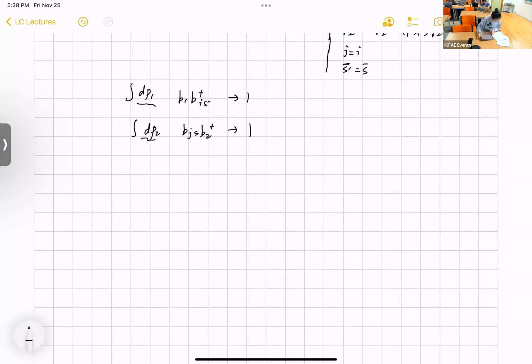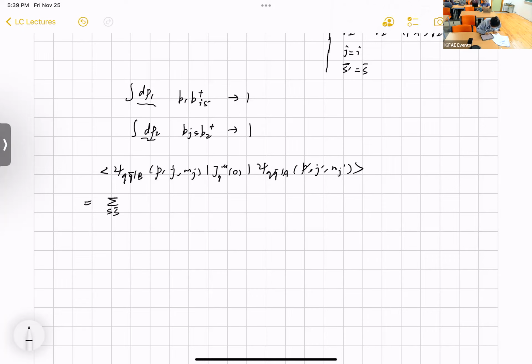What I get in the end is a rather compact form.